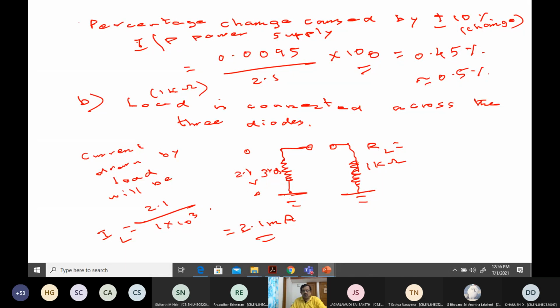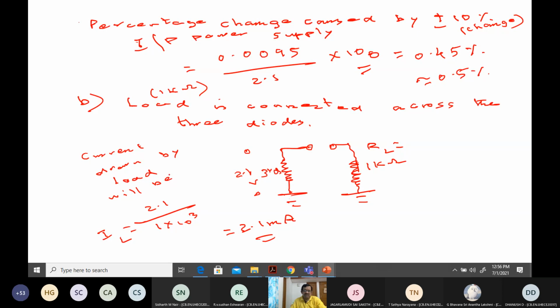Be careful here. That's why I'm explaining again and again. The nominal voltage is expected to appear because the decrease in the nominal voltage due to any variation we have seen is going to be minimal.